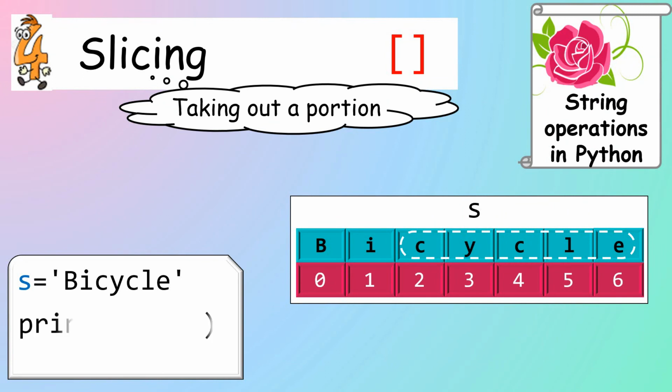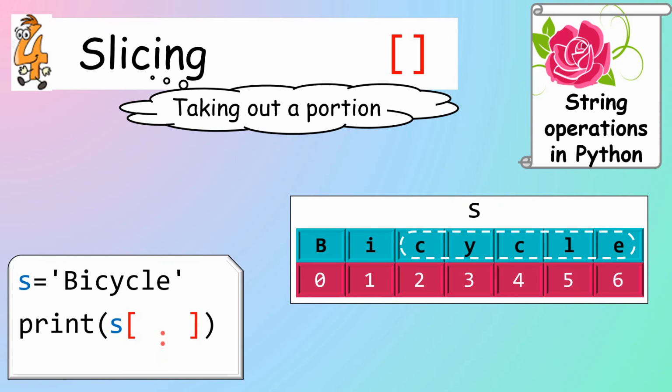I will take a print statement, and within the print statement first you have to write the name of the string object from which you want to slice. So here the name of the string object is S.